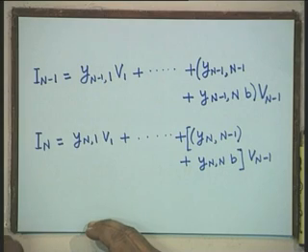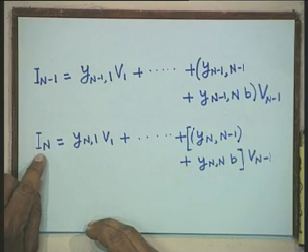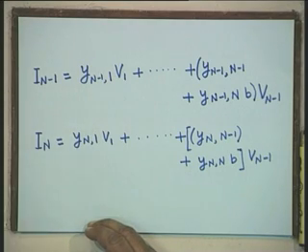Now, what we do is that we add these two equations, but before addition you multiply this I n by B star.